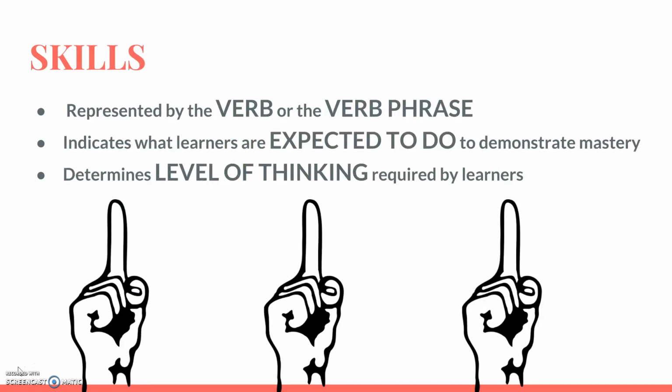When looking for the skills in the standards or benchmarks, we look for the verb or verb phrases. These skills indicate what the learners are expected to do to demonstrate mastery. The skills also determine the level of thinking required by learners.